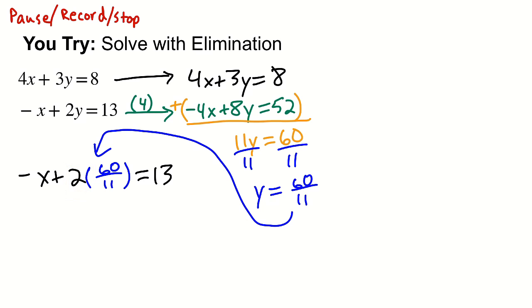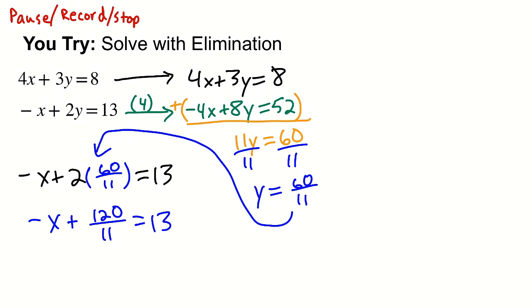But we deal with it. Fractions are numbers too, people. Let's care about them just like we do all those other numbers. I know you care about numbers. Don't lie to me. We have negative x plus, well, let's see, 2 times 60 is 120 over 11 equals 13.